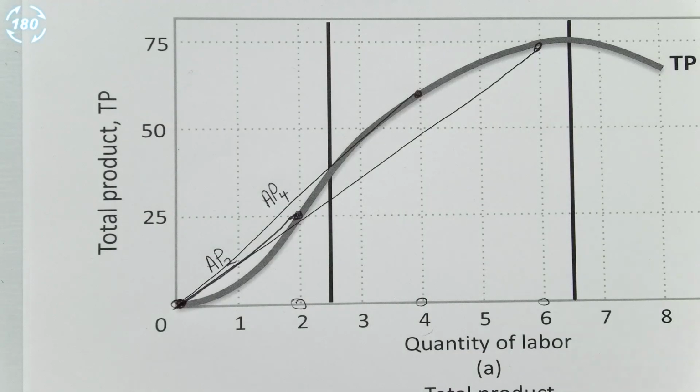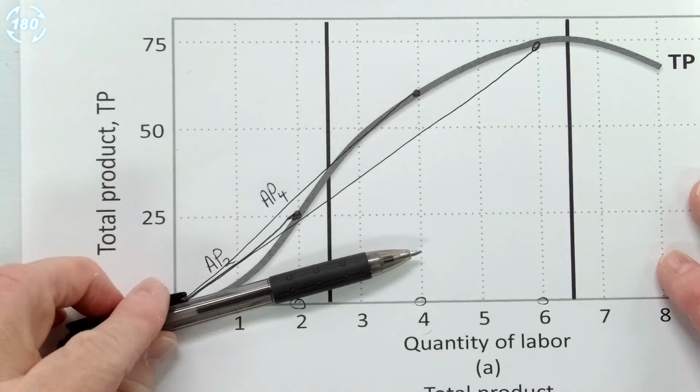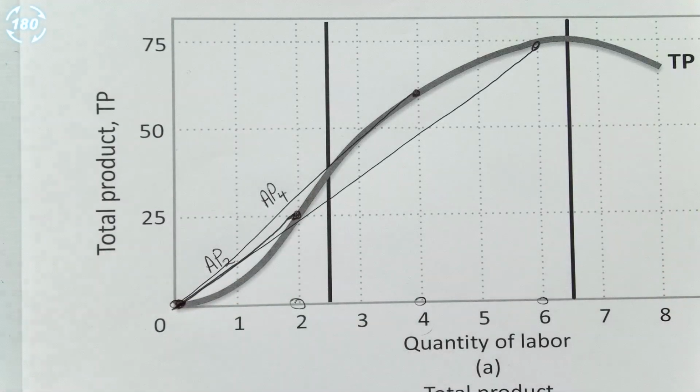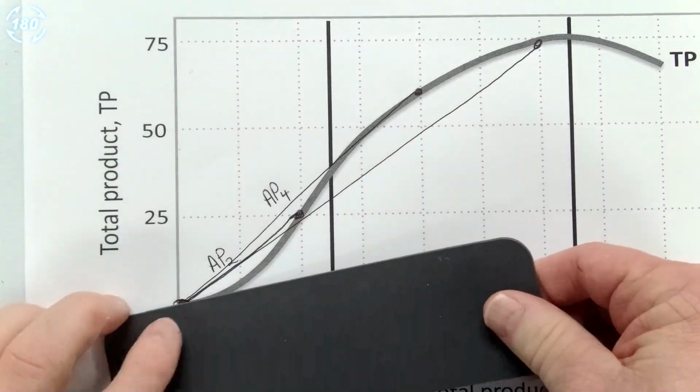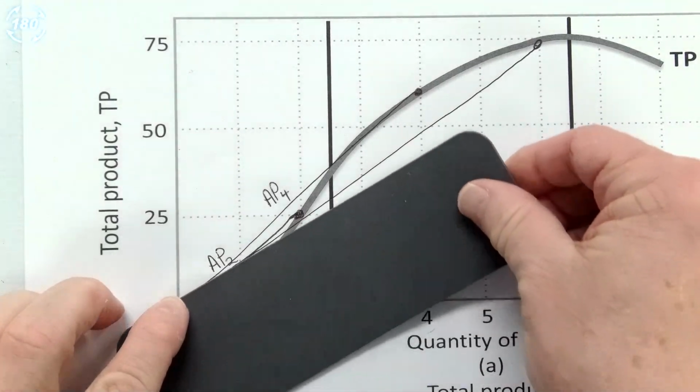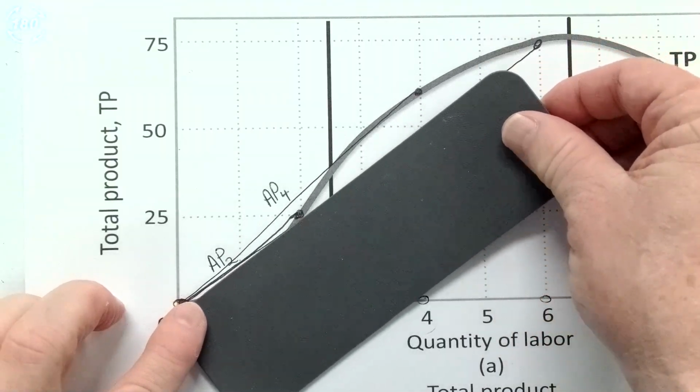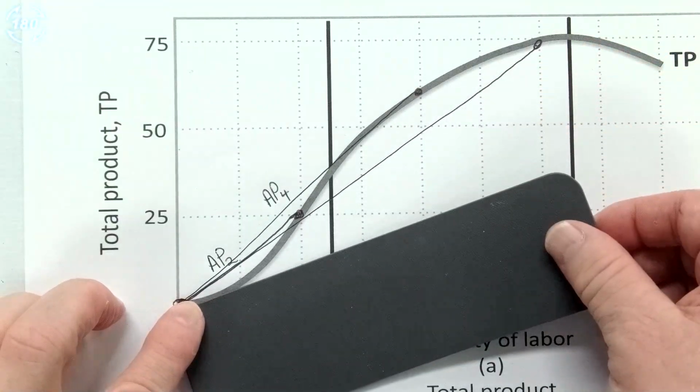Say, well, big deal. Okay, first thing I want you to see is this. The average product, if you think of it in terms of being the slope of a secant line, initially goes up, and then it comes back down. Does that make sense?